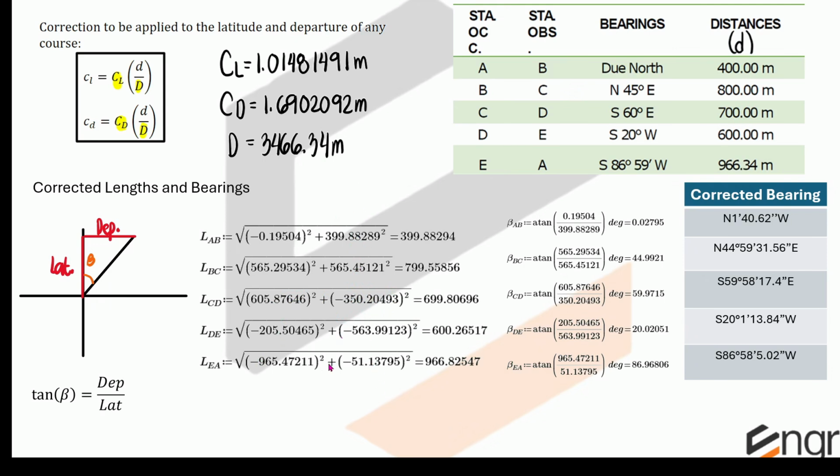And both of these are negative, corresponding to southwest. But the way we read this is 1 minute 40.62 seconds west of north. And this one is east of north, and so on. So just recall our discussion on azimuths and bearings. With the following corrected lines and the corrected bearings, we will try to model this again in AutoCAD, and we will check if this will establish a closed traverse.